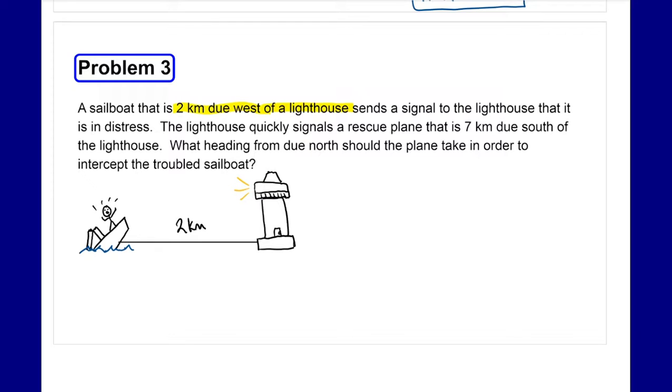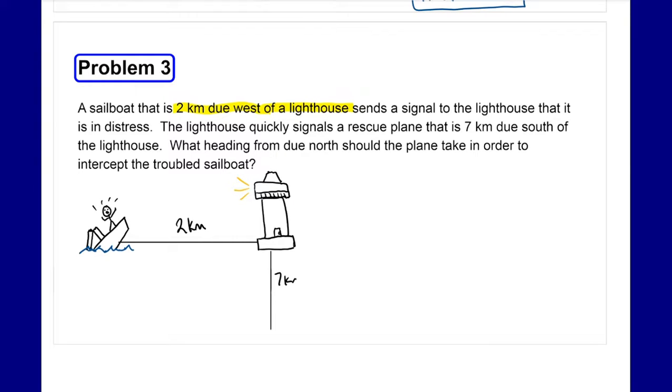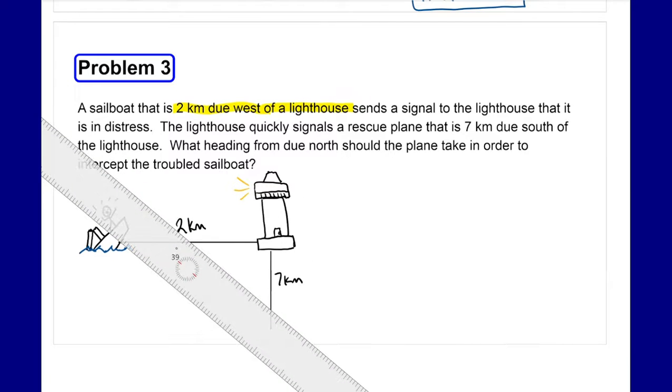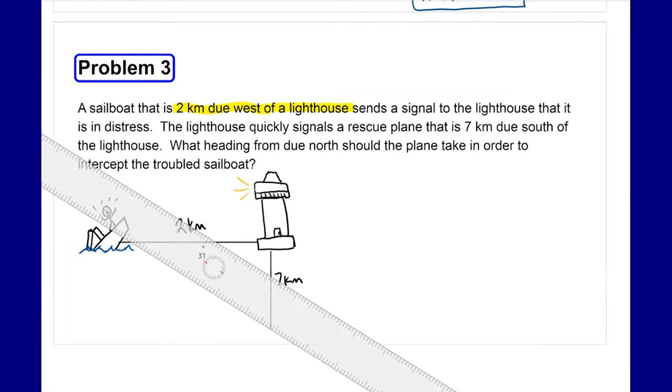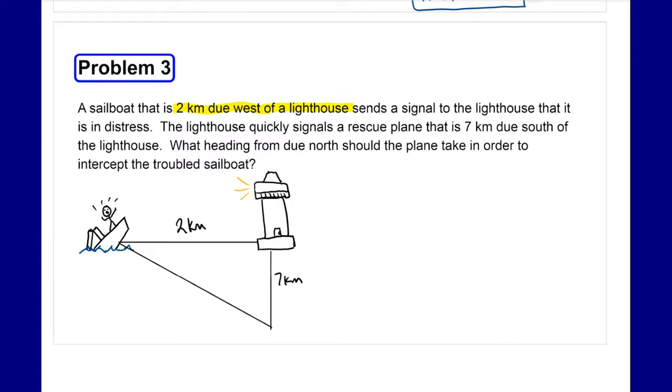and then that lighthouse sends a signal to a rescue plane that is 7 kilometers due south. So 7 kilometers south of our lighthouse. So we can start to see our triangle being formed. And obviously, even though we can see the angles on the ruler, don't assume that everything is to scale.